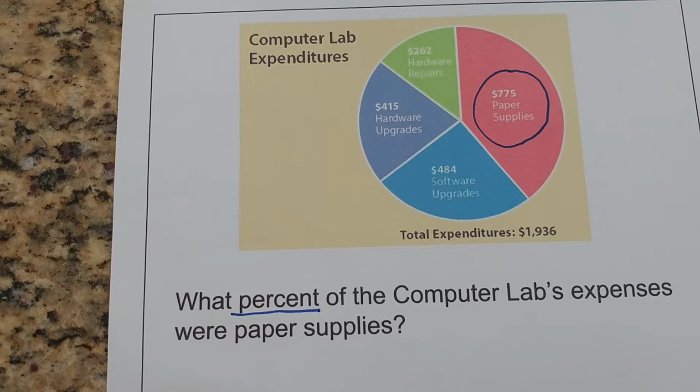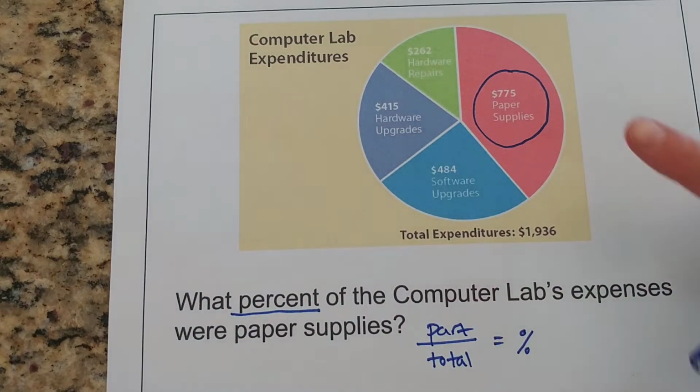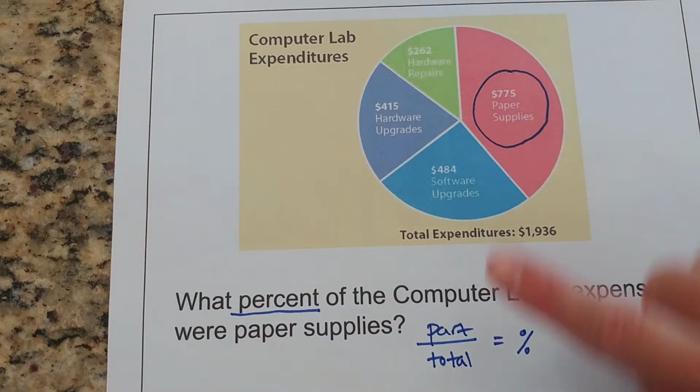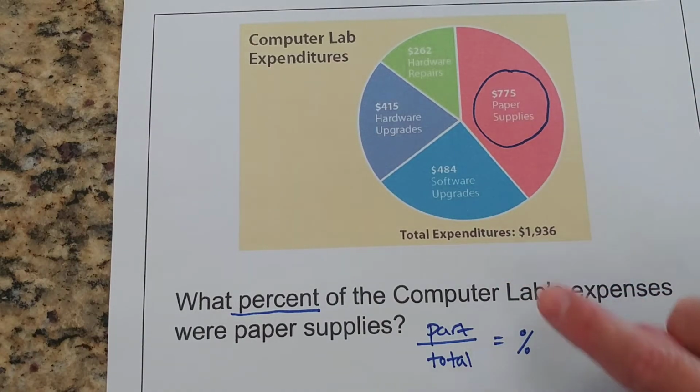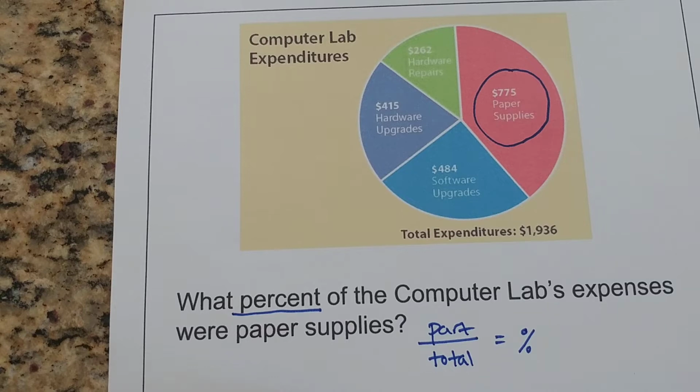By writing a part over a total, we can easily find the percent. So if we can figure out what part of the money was spent out of the total amount of money, we can easily change that into a percentage. Let's try it.